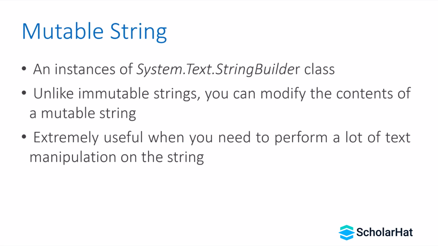So sometimes there is a requirement to perform a lot of text manipulation. Let's say you are developing a template for sending an email. So if you are writing that code within your C#, then for that you should use a mutable string to create that email template concatenation text. Now let's understand the differences between these two strings with the help of an example.